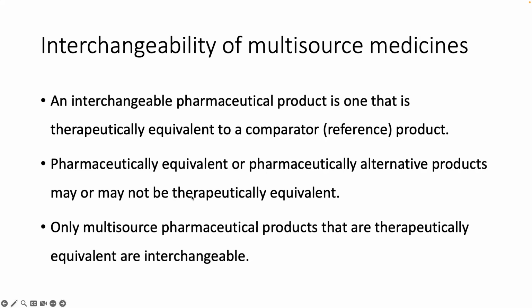We know that because bioequivalence is what equates to therapeutic equivalence, right? And only multi-source, that's only generic pharmaceutical products that have been proven to be bioequivalent or therapeutically equivalent are noted as interchangeable.